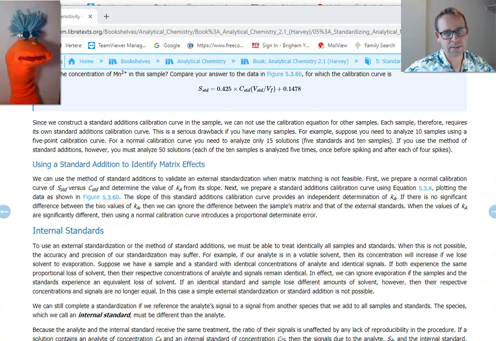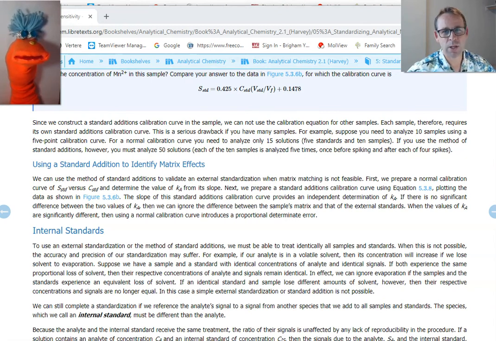Now, because of the nature of these standard addition problems or experiments, you have to take lots of sample and add known standard to each one. That makes it kind of a destructive experiment, and it's dependent on every sample.